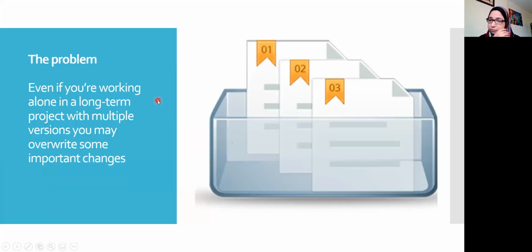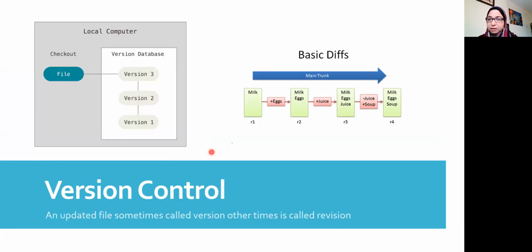Even if you're not working in a team and are working on your own on a long-term project, you may need a version control system because there is a chance that you may overwrite changes you made and lose some information that you need. So this is the problem: keeping versions and avoiding conflicts and overwriting.